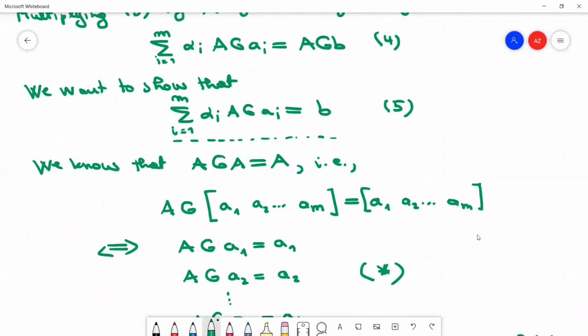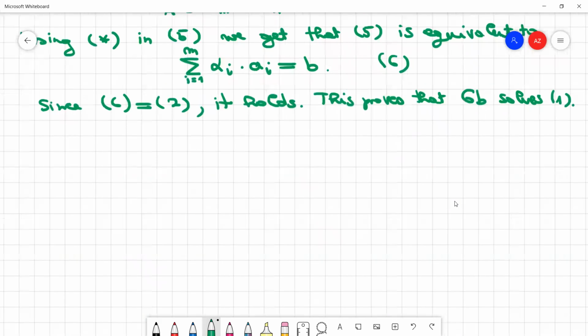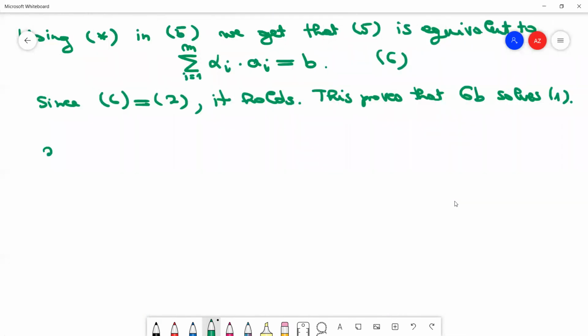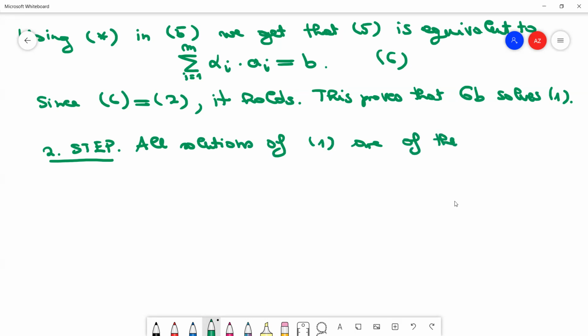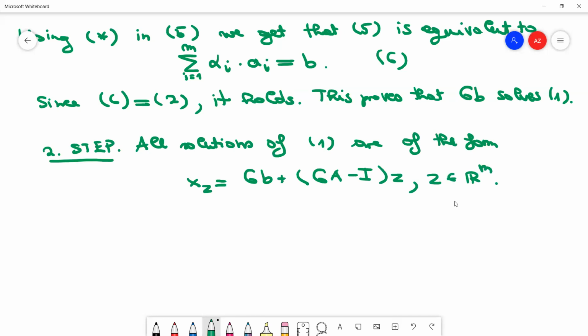And let's prove this fact. So second step, all solutions of the system 1 are of the form xz is equal to GB plus GA minus identity Z. So there are two things to be proved.